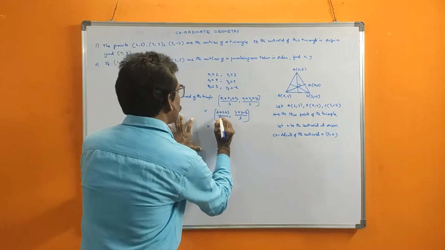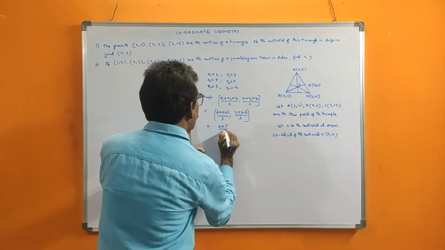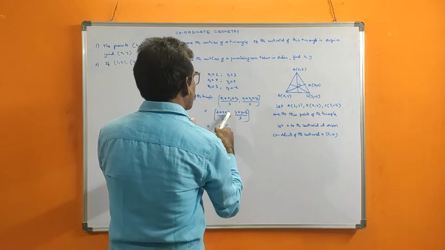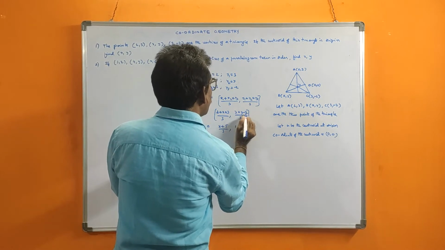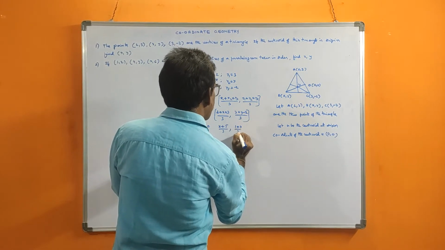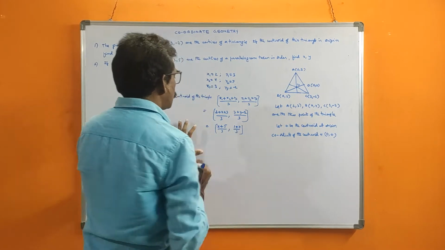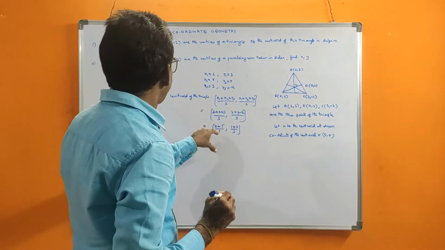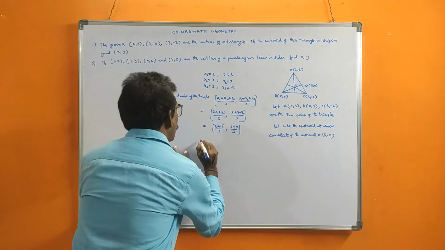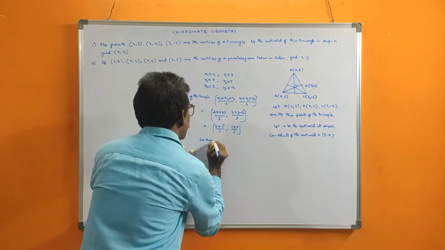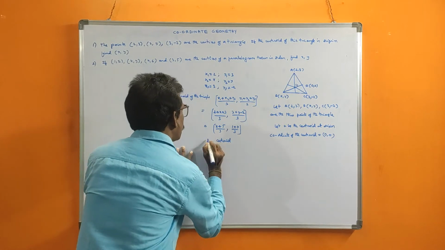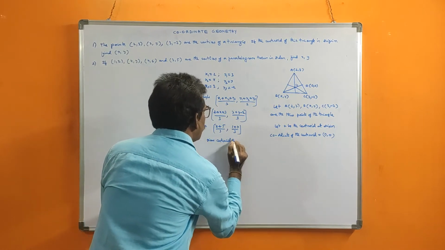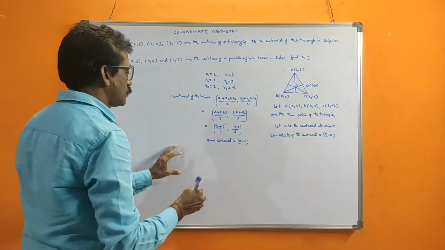You simplify this: (x + 5)/3. This is only 1 because 3 minus 2 is 1, so (1 + y)/3. This is the centroid of the triangle. We know the given centroid is (0, 0).